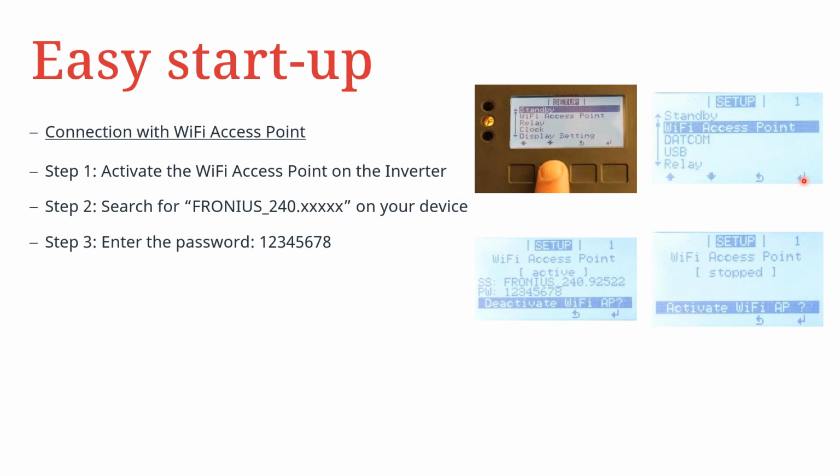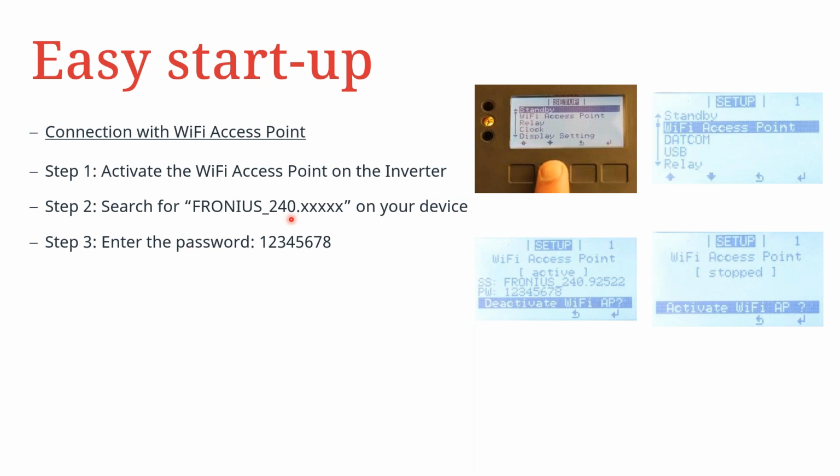Once you click enter, it will ask you if you want to activate the Wi-Fi access point. Once you click enter, it will open the Wi-Fi access point and reveal the information, that is the data logger ID of the particular inverter, and then the password. So all you need to do now is to search for the Fronius inverter.